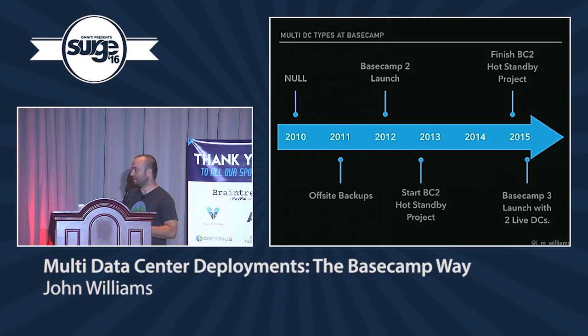Then later on, through 2015, we launched Basecamp 3, which is our newest version of Basecamp. And when we launched it, it was active out of two data centers. So that's what I'm going to talk about today, how we got to active out of two data centers.